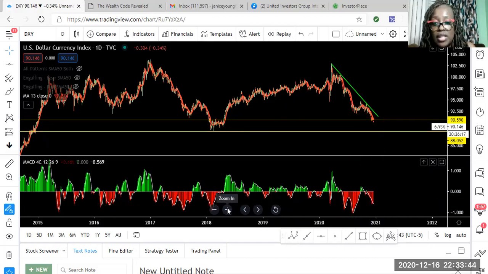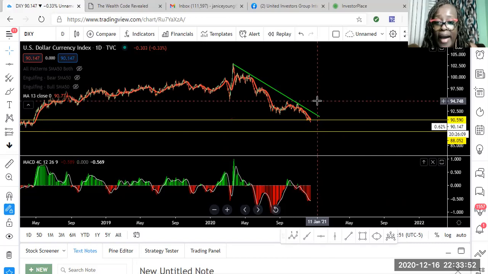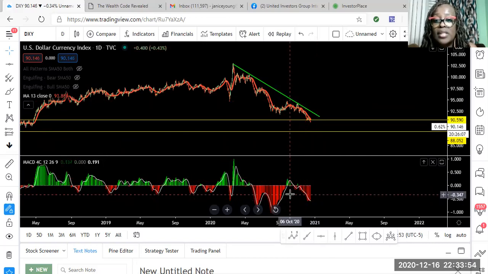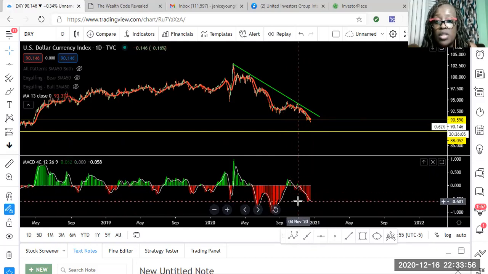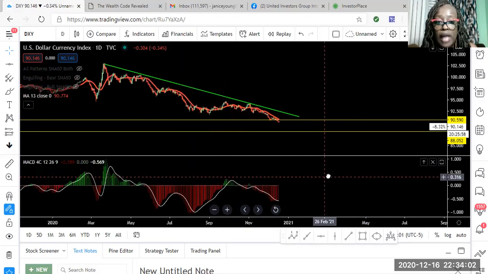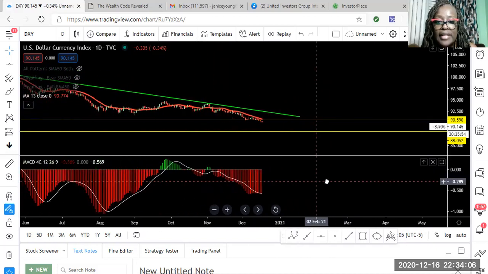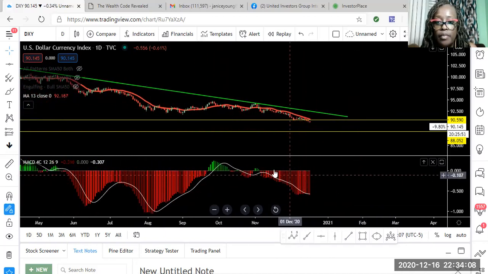Now, what's interesting, and what I look at on the MACD, is that because I'm at a key level, I'm looking for price to pull back. And I want some indication on my MACD that it wants to do that as well. So on the MACD, let me stretch this out for you. You see the histogram, right?